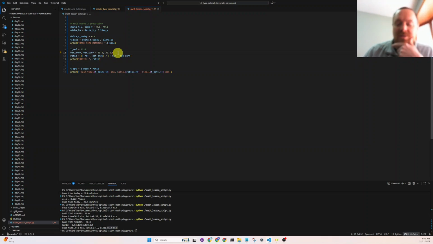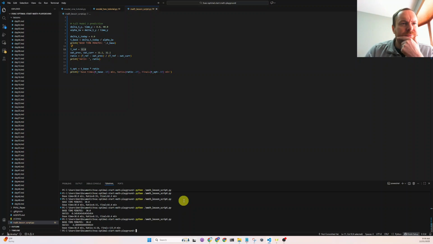If all of these numbers were very similar to our T base, that actually blows up the ratio, which makes sense, because our outside air temperature would be at this critical design parameter.